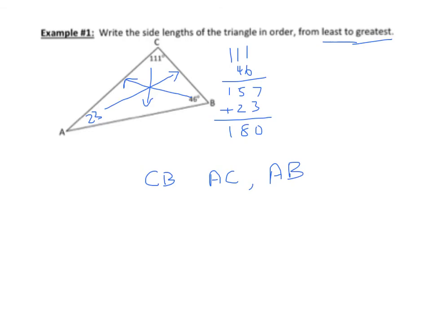So these are the side lengths written in order from least to greatest. If you wanted to, you could call this little a, this little b, and this little c, so that CB is a, AC is b, and AB is c. You could have written it like that if you denoted the side lengths.